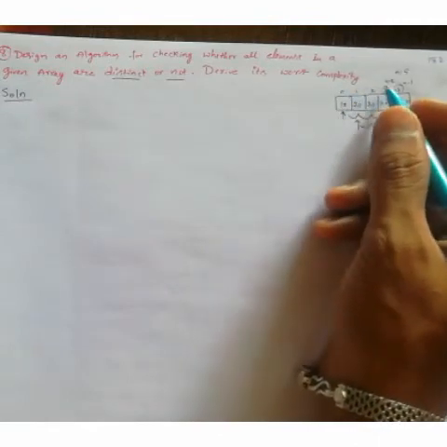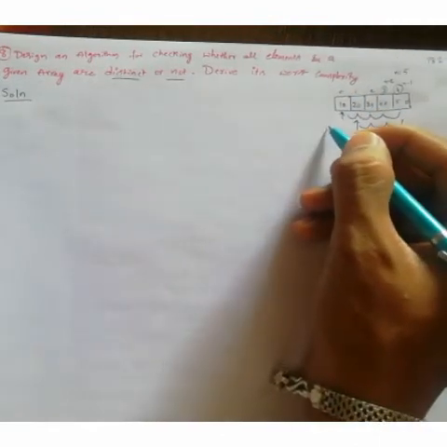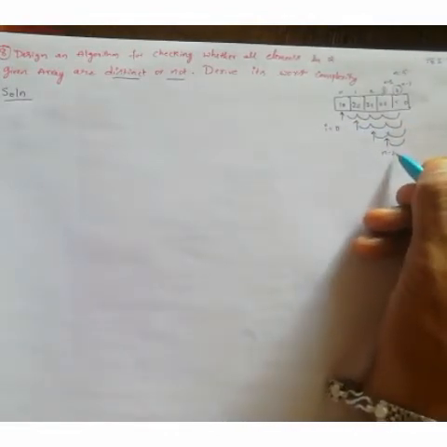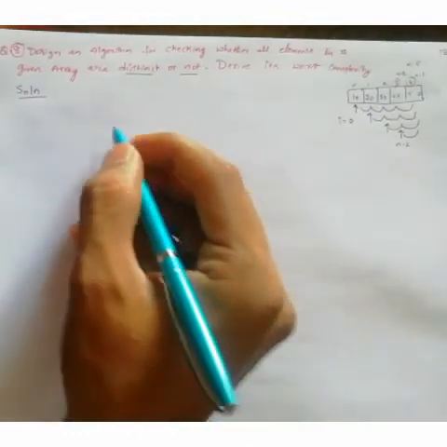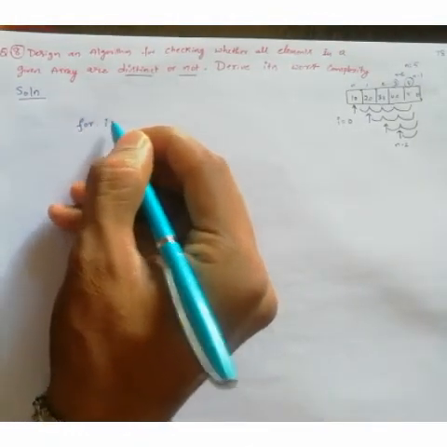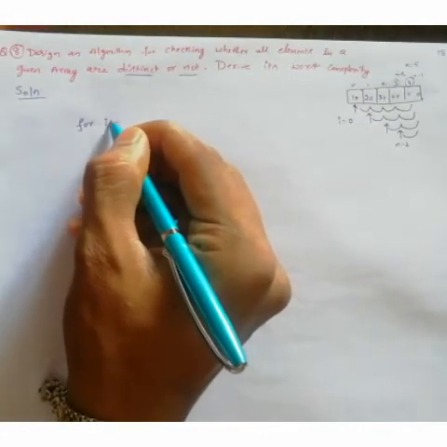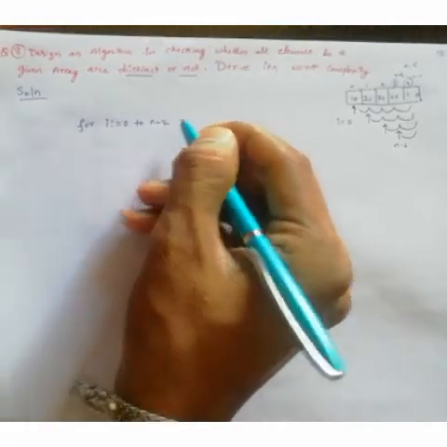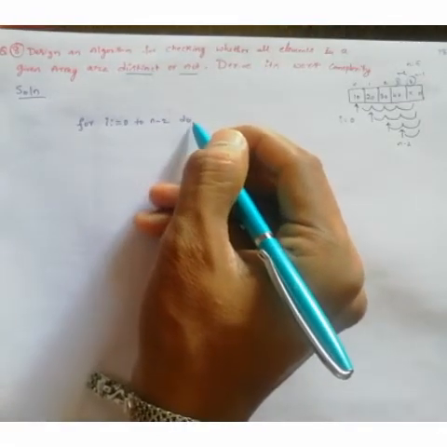From 0 to n minus 2. So I will take i from 0 to n minus 2. I will write the same thing here, a loop by using a for loop. For i from 0 to n minus 2, I will do some steps.